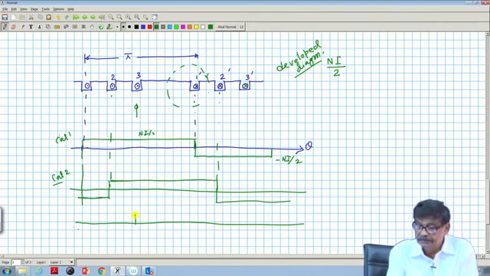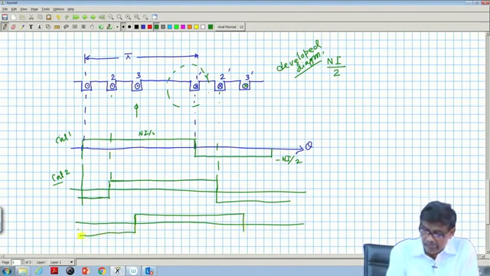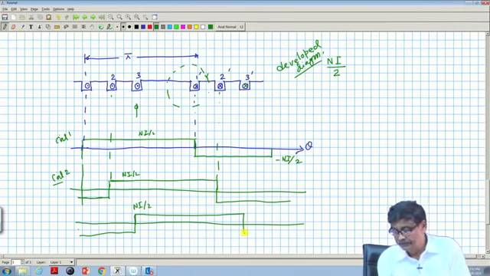Third coil starts here, cross, same cross, dot, continues up to this point here. This is also Ni by 2, this is also Ni by 2, and minus Ni by 2 and so on.